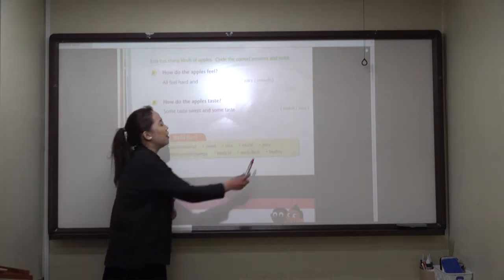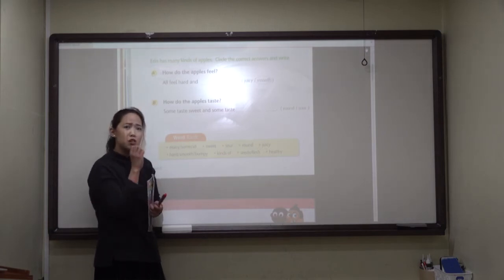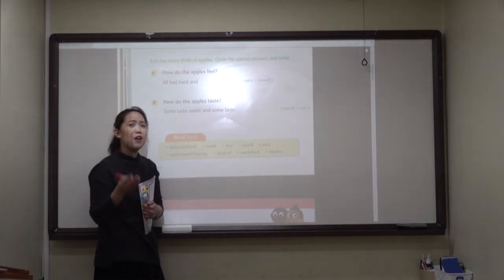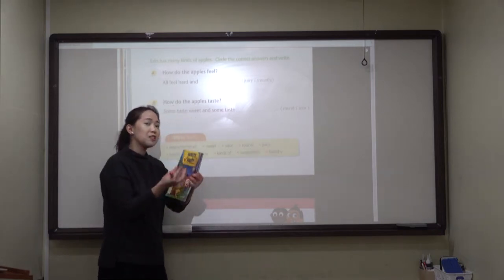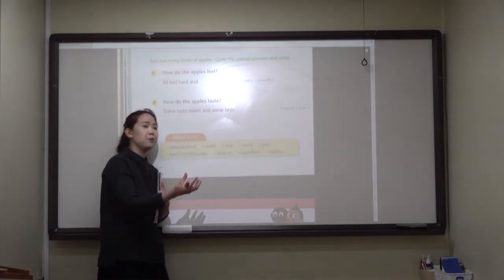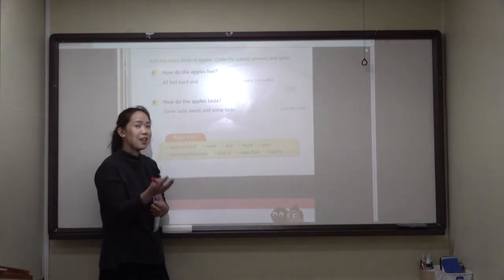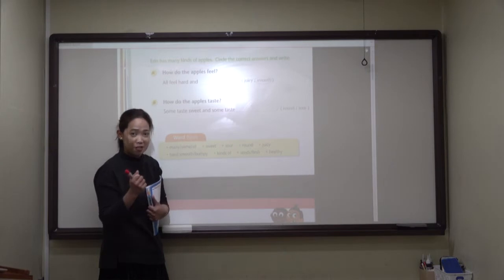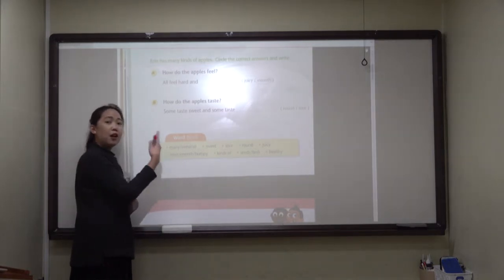Next, juicy. We always hear juice. We like to drink juice. Now, what is juicy? This is the adjective for the word juice. For example, when you eat an apple, juices come out of it. So we say an apple is juicy. Next. Hard, smooth, I already mentioned that.